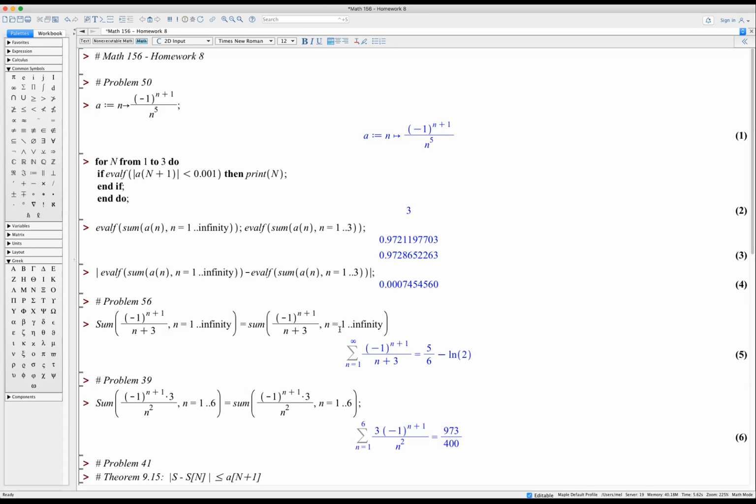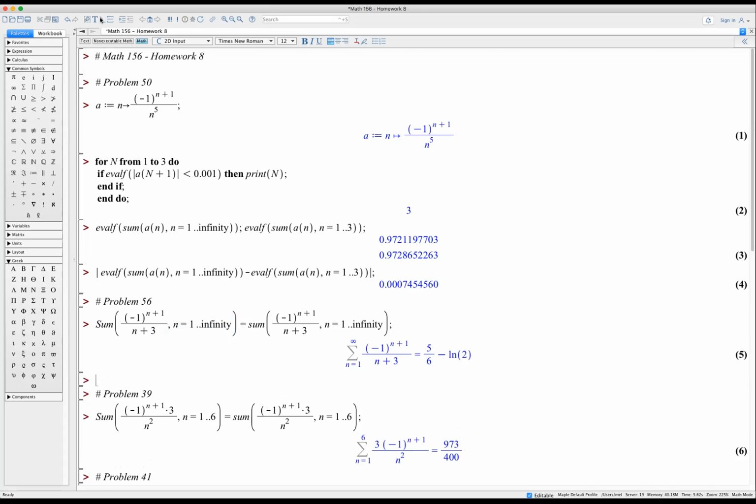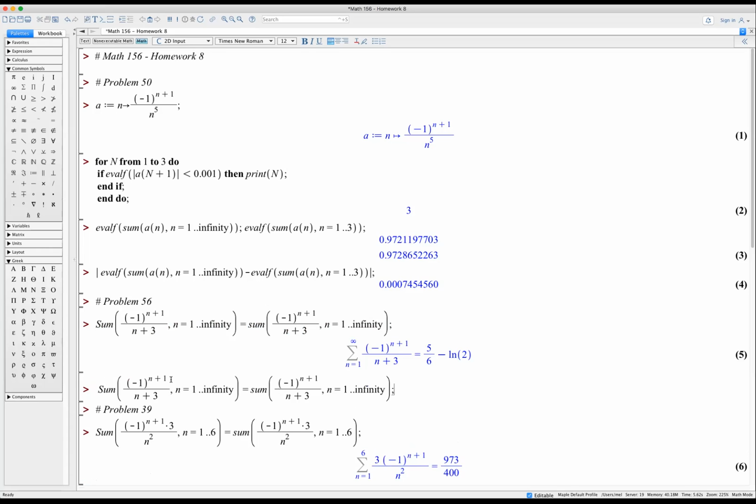So the series converges, but does it converge absolutely? So if I take the same series, but I take the absolute values of the terms, that means I just replace this plus or minus 1 by a 1.